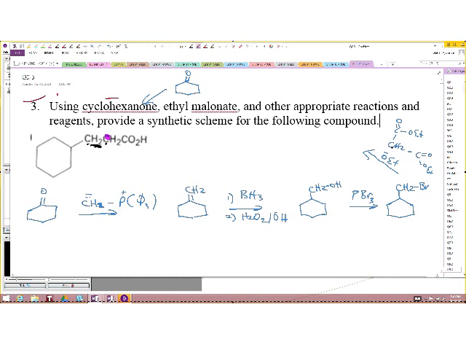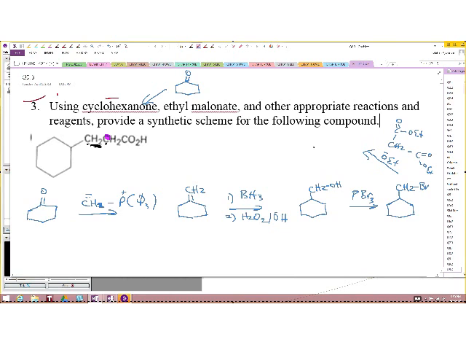Of course, what would the ethoxide do? It forms the enolate ion, and then the enolate ion will react with this alkylating agent here in an SN2 reaction. This is a primary carbon right here.